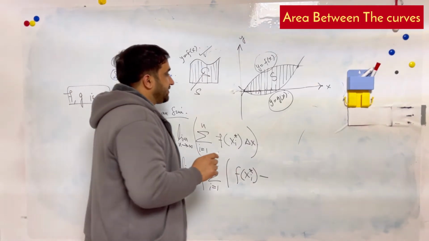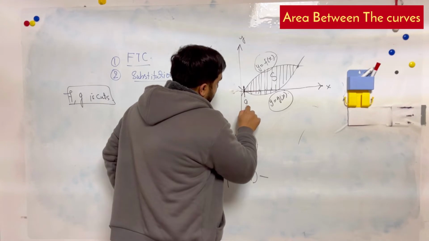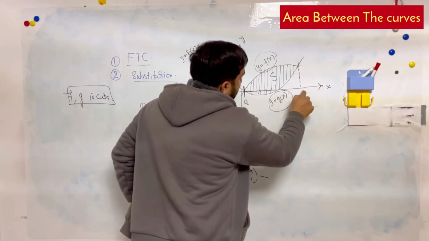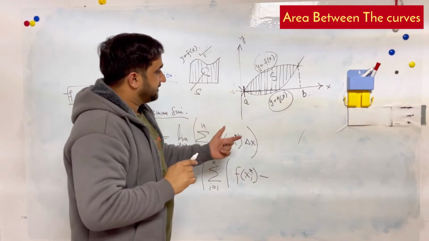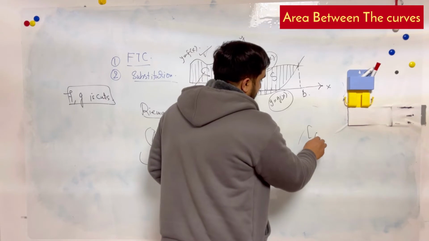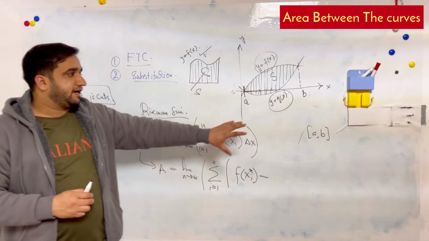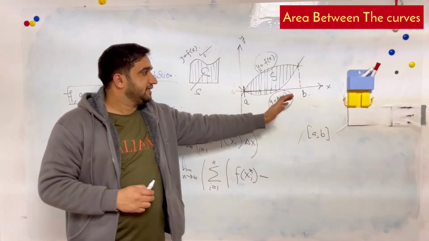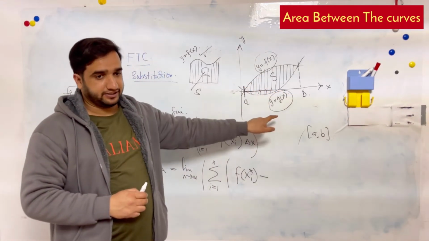Continuous where? Between the given points. If I am interested between these two points, and the next point is this, B, you are always talking about a certain domain, A, B. So you have to fix those A, B, and in between those A, B, the functions should be continuous.